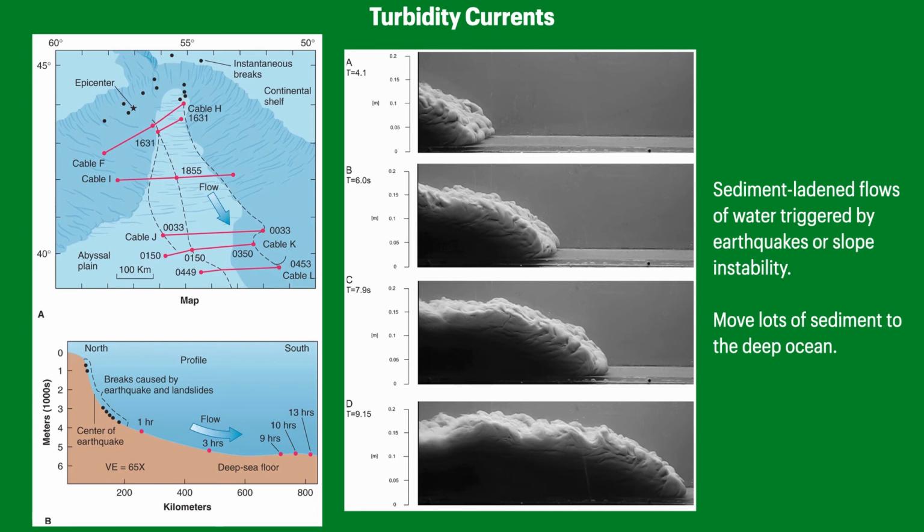And on the left, there's a famous turbidity current that snapped a bunch of undersea cables over the course of a few hours. So these flows are moving down slope, but they can carry sediment out into the ocean for hundreds of kilometers.